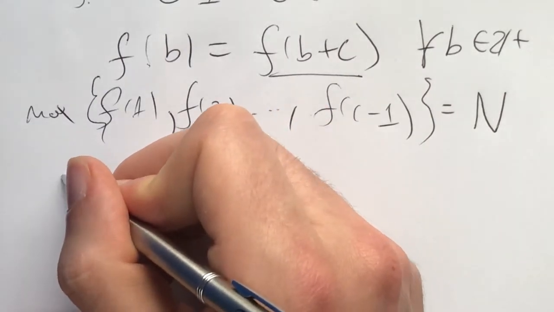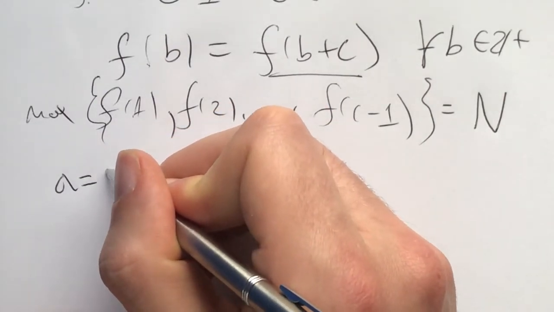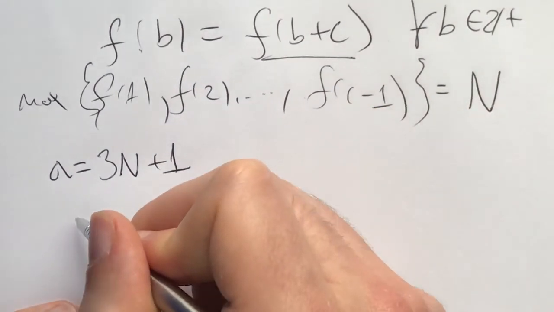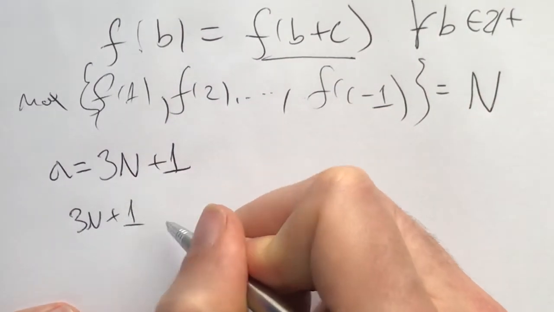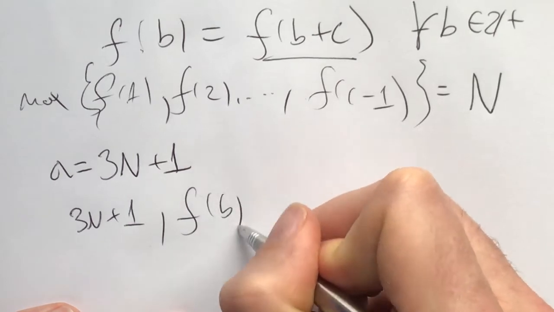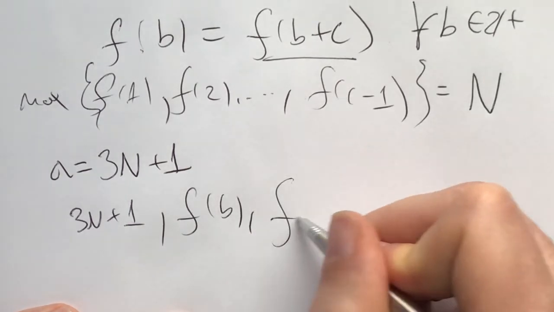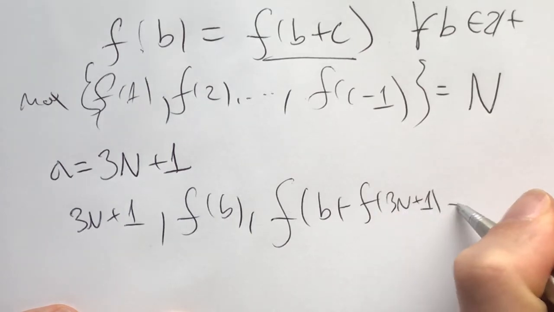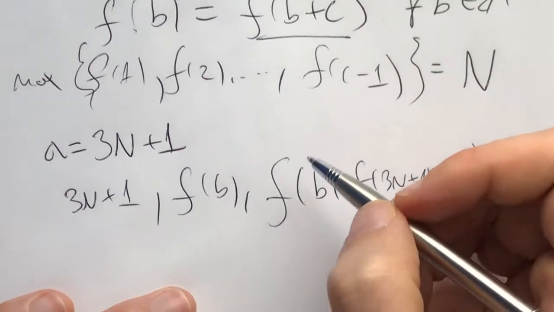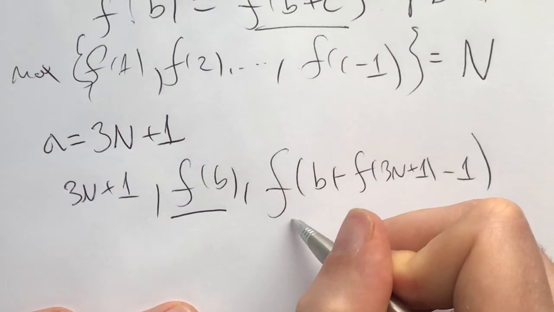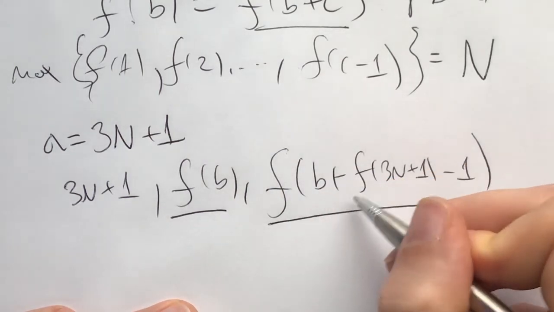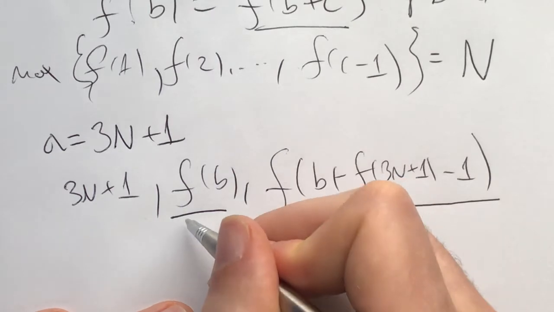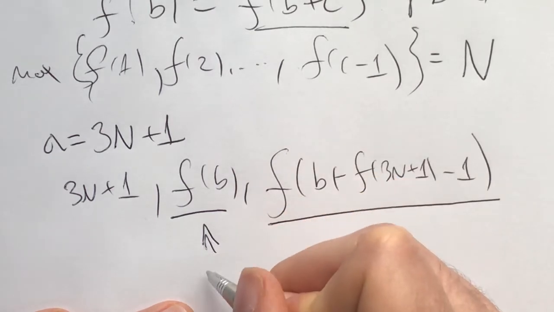Then by plugging in a equals 3n plus 1, we will get a contradiction because we will get that 3n plus 1, f of b, and f of b plus f of 3n plus 1 minus 1 must be sides of a triangle, but f of b and f of b plus f of 3n plus 1 minus 1 are each less than or equal to n.